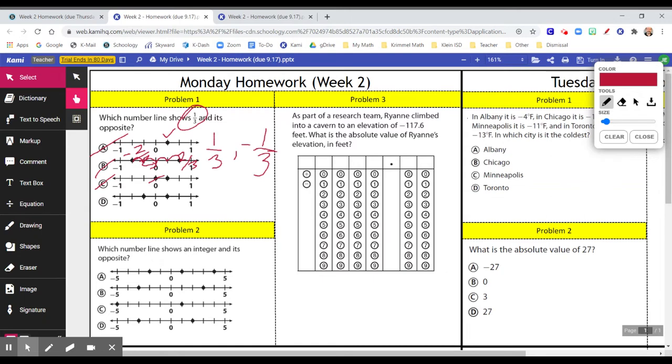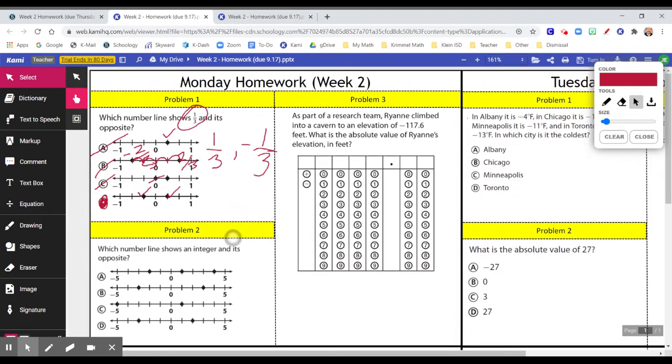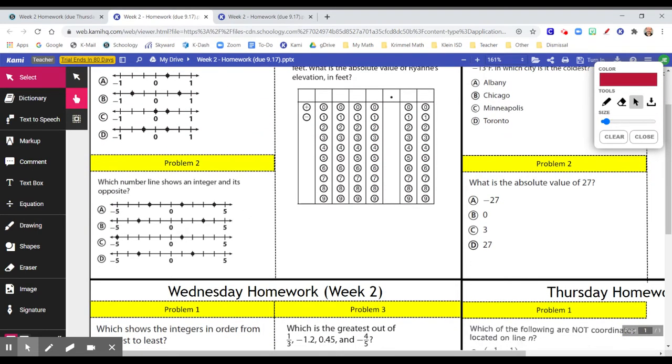So looks like answer choice D, we have positive 1/3, and then we have negative 1/3. So that would be a correct answer choice. Okay. So I'm going to slide up here a little bit. Oh, I'm going to have to clear off the screen. You guys have that from the video, or go back in the video and you can watch that.